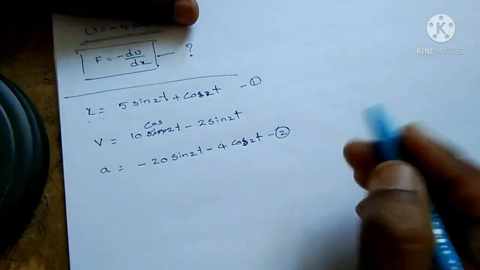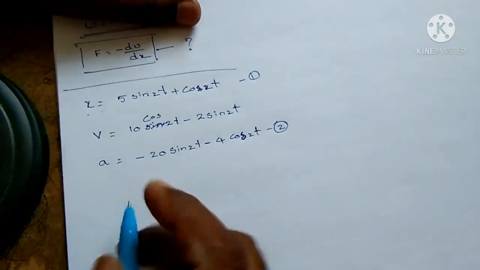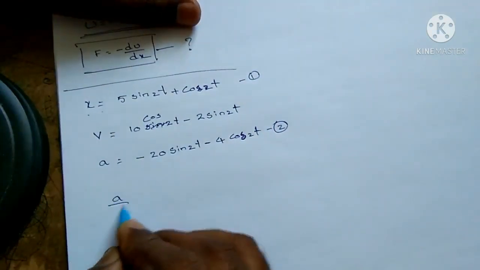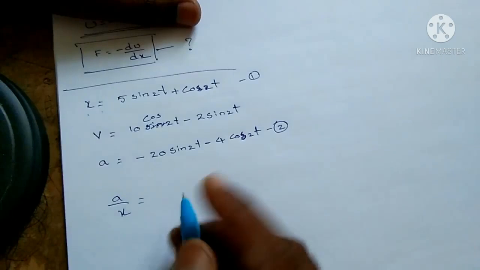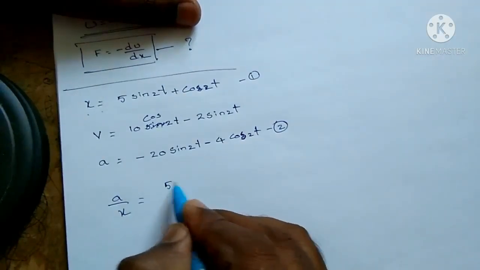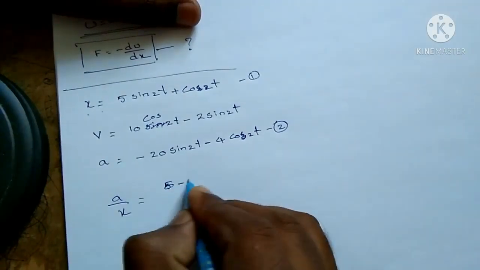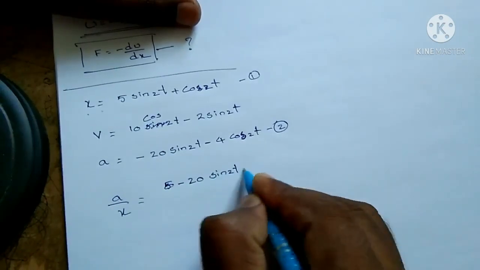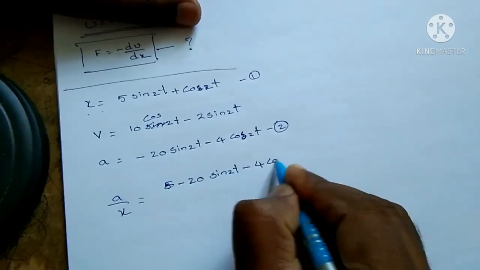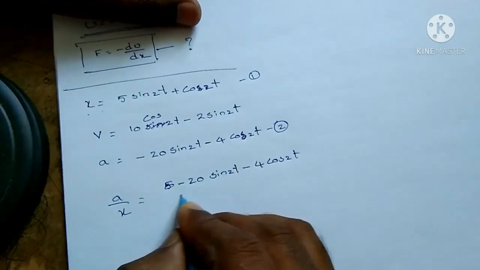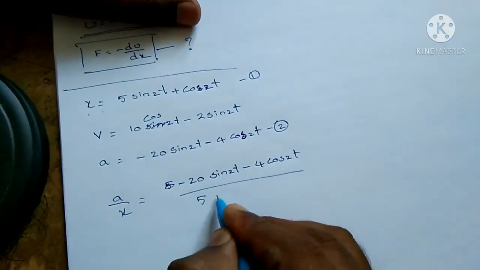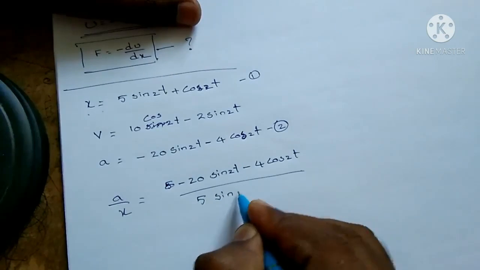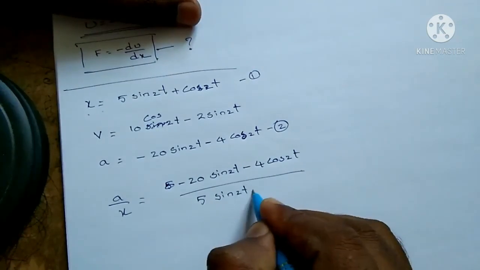Now divide equation 2 by equation 1. What will you get? You see, a by x is equal to minus 20 sin 2t minus 4 cos 2t divided by 5 sin 2t plus cos 2t.